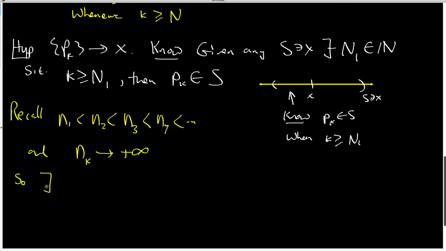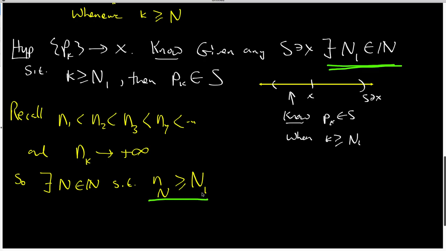So there has to exist a capital N inside the natural numbers such that n sub capital N is at least as big as N1 from this part of the hypothesis. This N1 is known. So I can find a little n sub capital N that is bigger than capital N sub 1.